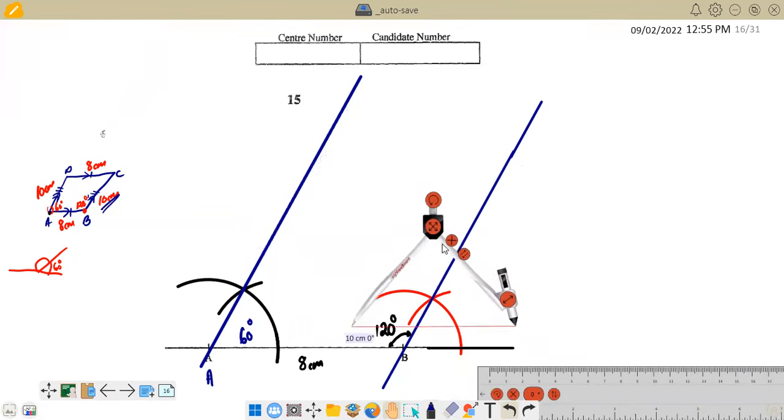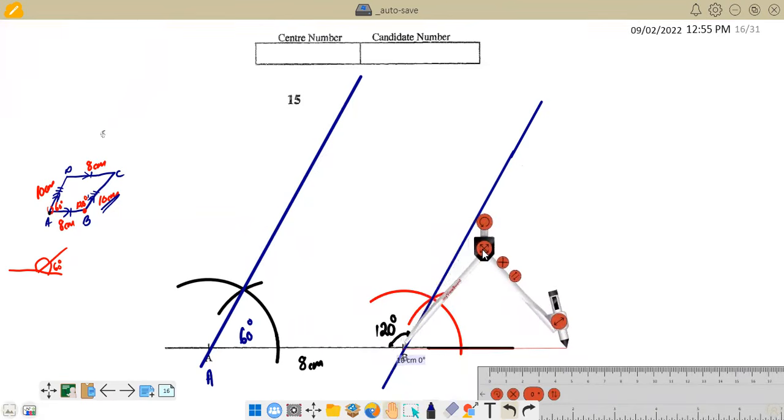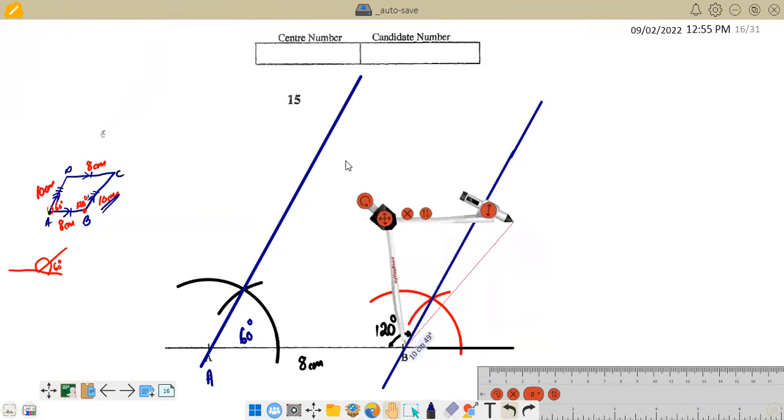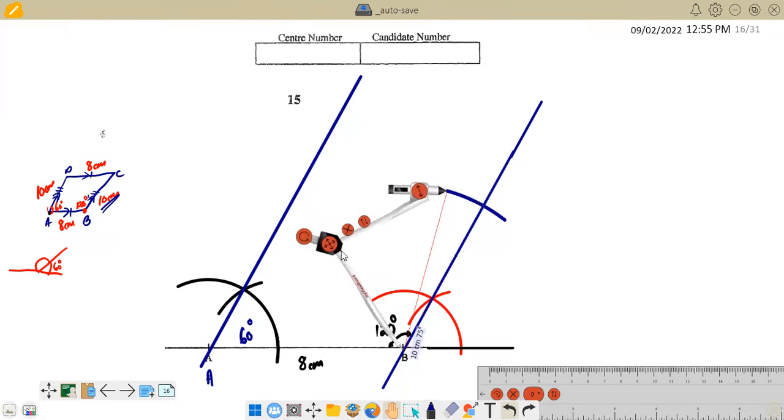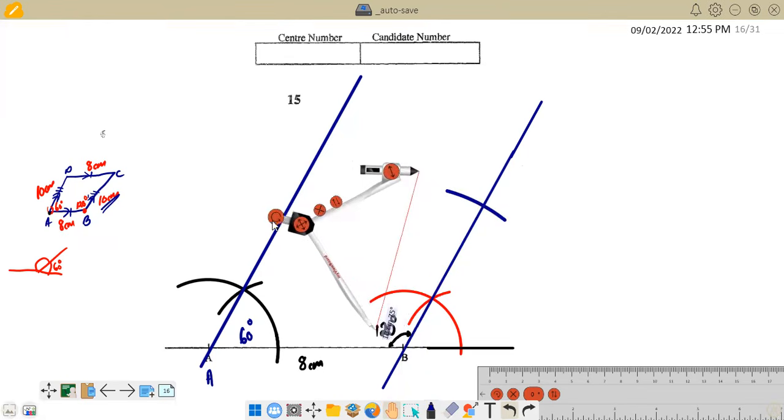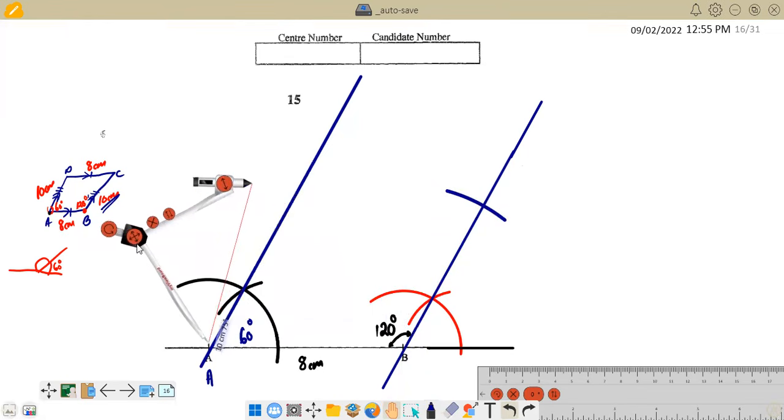Okay, so with that 10 centimeters, you place it at B, because you need B to C. Then rotate your compass so that you can mark an arc. Make sure you are stepping directly at B. You just mark an arc on this line. This is 10 centimeters. You do the same at A without changing the length, because you know that from A to D is 10.